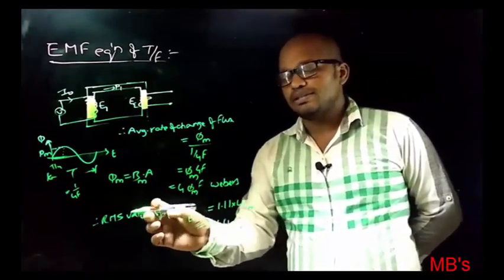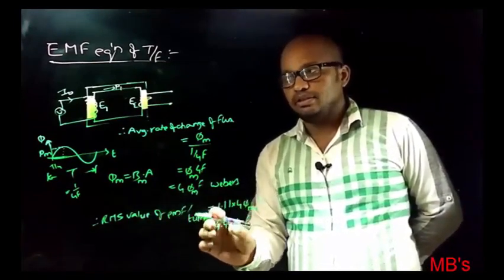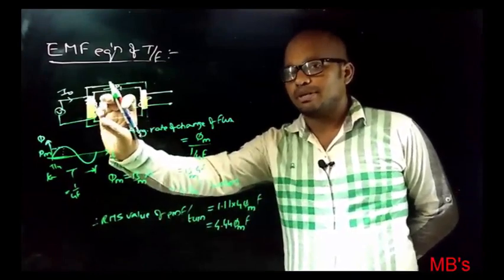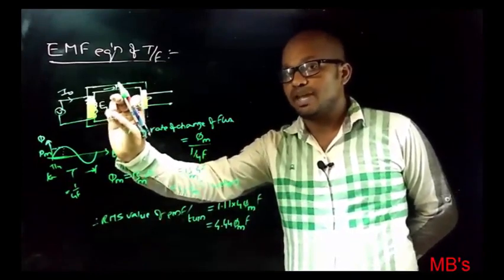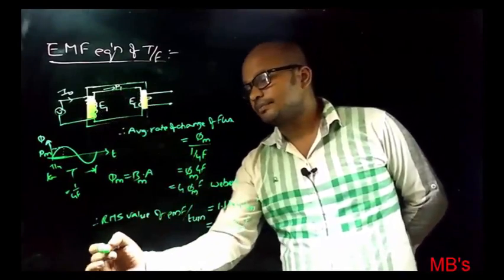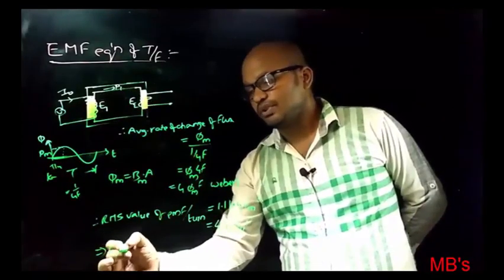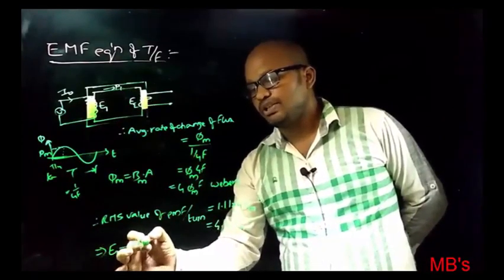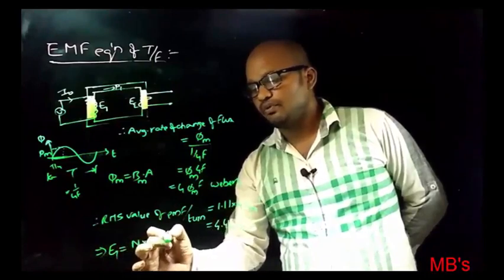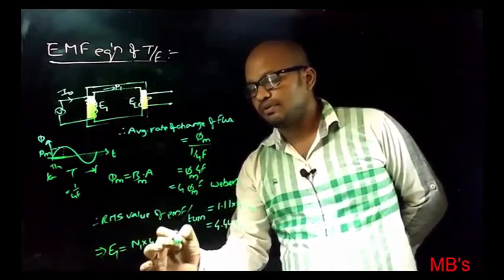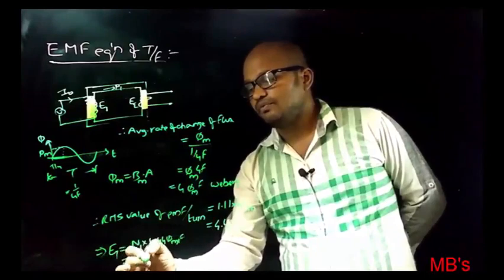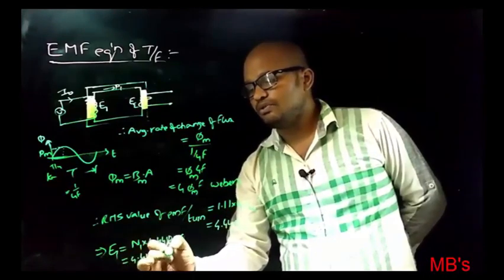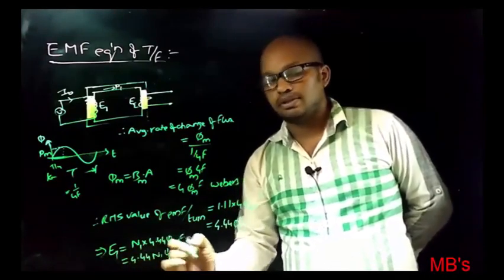As this is the EMF per turn, the EMF induced in the primary winding, which consists of N1 turns, implies E1 is equal to N1 into 4.44 phi m into f, that is equal to 4.44 N1 into phi m into f.